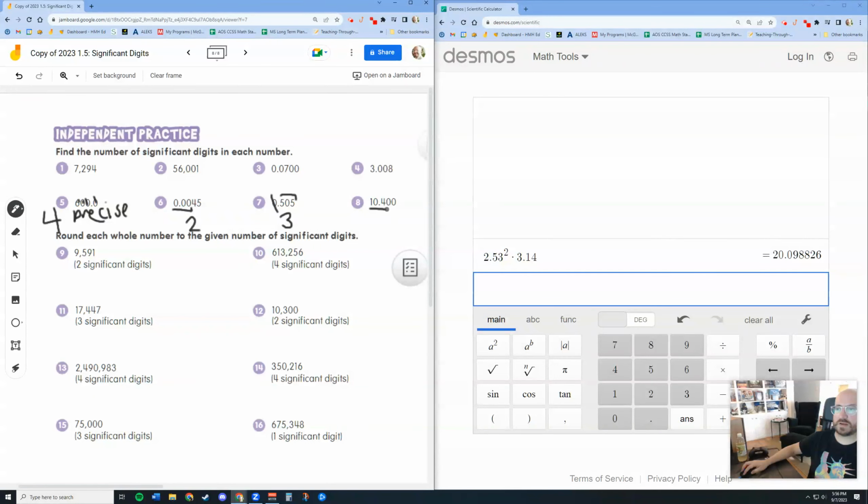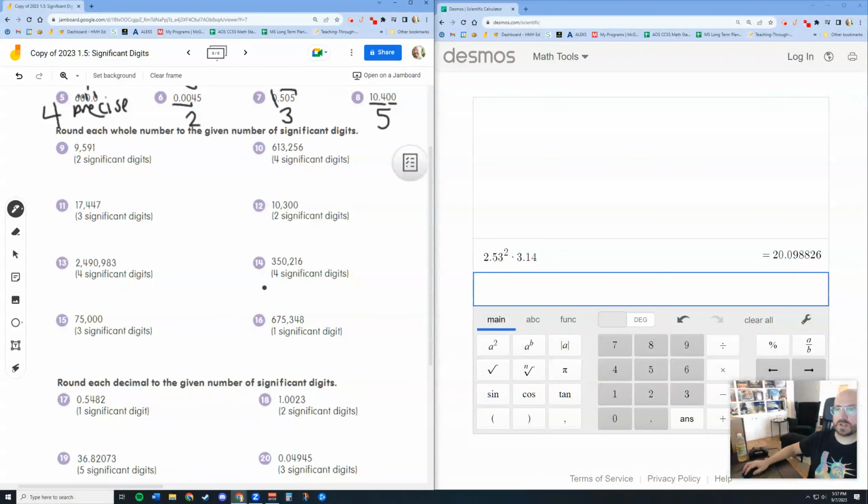And definitely 3, but look, we have 2 more, which make it precise in a decimal. So that's actually 5. All of these count. 1, 2, 3, 4, 5. Those are trapped zeros, they count. The leading zeros don't count, but the ones at the end of a decimal do because it makes it precise. And these are trapped zeros. We count them 1, 2, 3, 4.